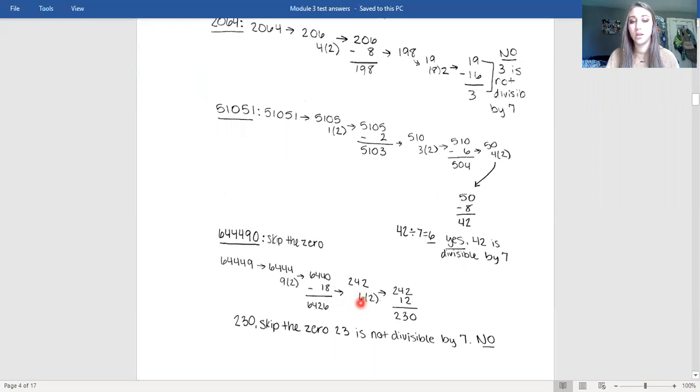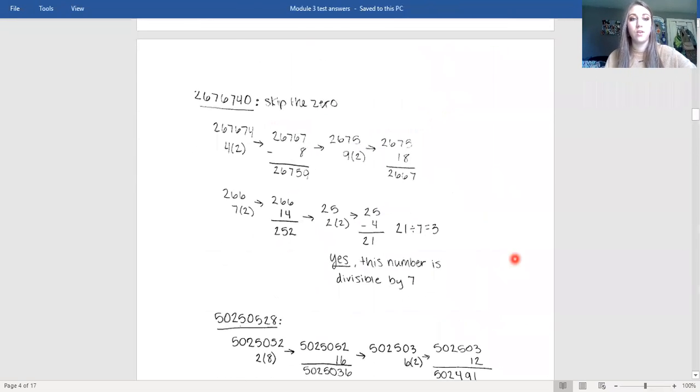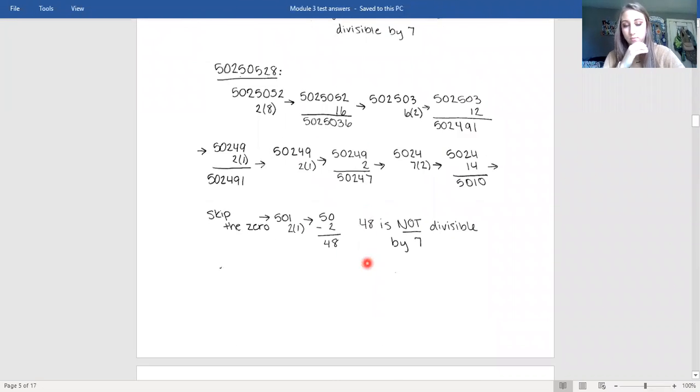Then we take off the 6, multiply it by 2, and we get 642 minus 12, which is 630. Okay, hold on. Then we skip the 0 with 63, and 63 is divisible by 7. Okay, and then we do the exact same thing for this one, and the exact same thing for this one.